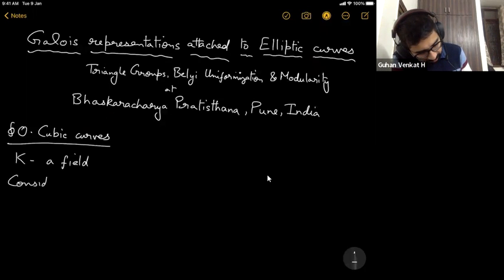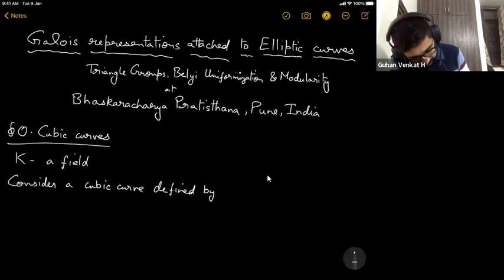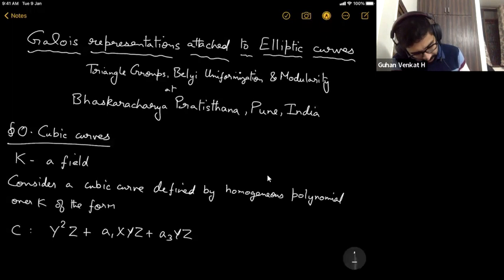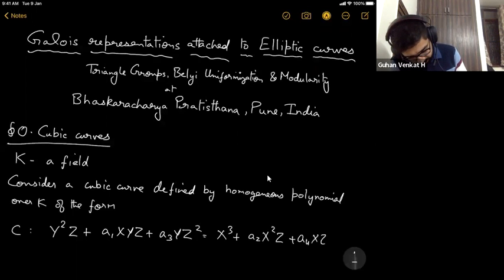Then consider a cubic curve defined by a homogeneous polynomial over K, say of the form, let me call this curve C. It's given by y squared z plus a1 xyz plus a3 yz squared is equal to x cubed plus a2 x squared z plus a4 xz squared plus a6 z cubed. Let me call this equation 1.